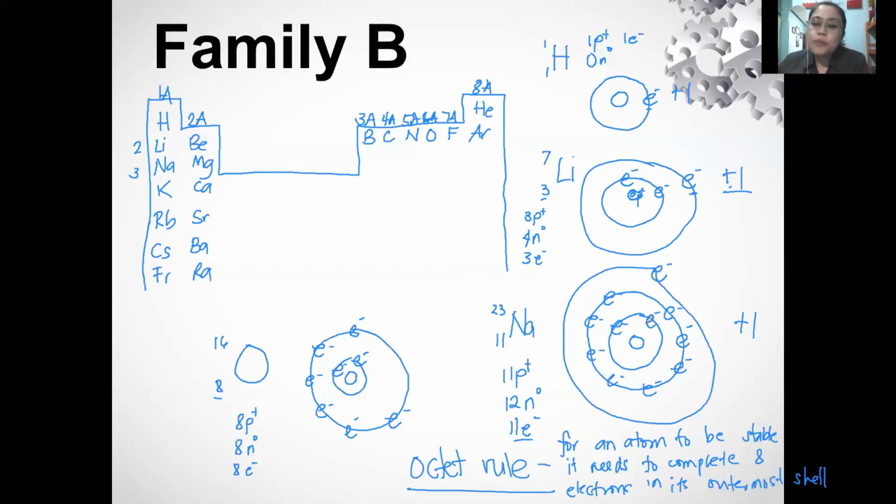Thus, sodium will just let go of this electron. It will just give this to other atoms. And then, once it gives that away, the next shell is 8, so it will become stable. Therefore, since protons now outnumber electrons by one, 11 protons and then 10 electrons, the charge of sodium is positive 1.